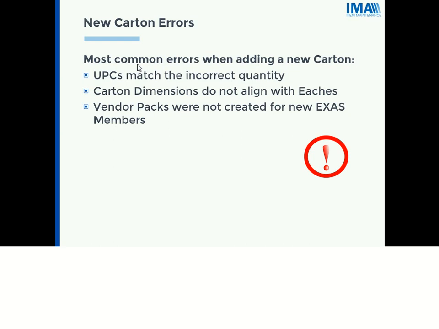So if you need to create a new carton that's going to have an additional each, sometimes those eaches have to have vendor packs created for them in addition to the cartons having new vendor packs created for them. And you will encounter a hard error if you did not create one and it is required. So you won't be able to approve it through your role. It's not going to get set up incorrectly, it just won't approve. So it'll give you a hard error and you'll know that you have to go back and do that vendor pack.